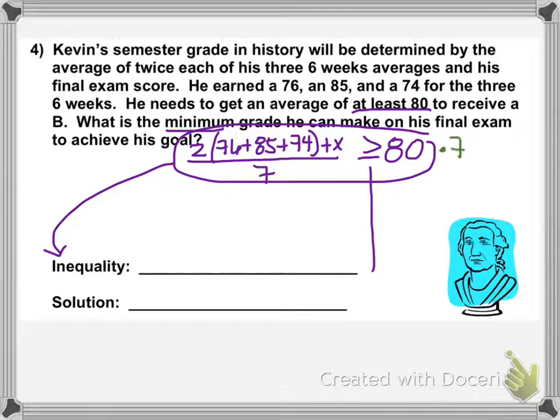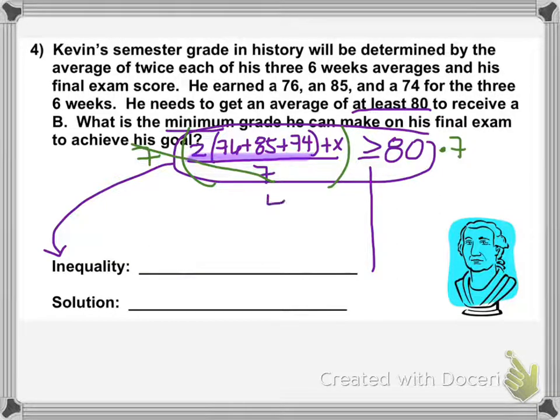The 7 up here and the 7 down here cancel. So what we have left is 2 times all of that. Those 3 averages add up to 235, and when I multiply it by 2, we get 470. So this part right here is 470.